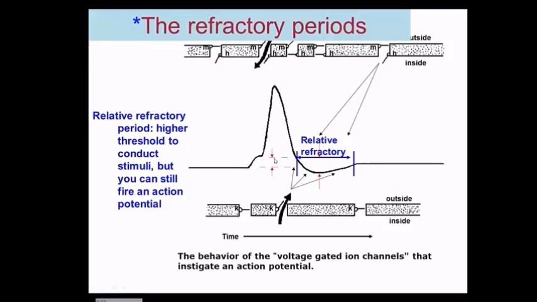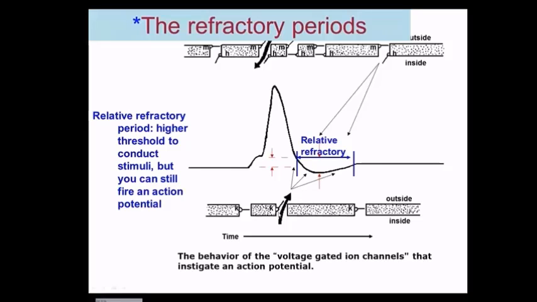And now we're something like 20 to 30 millivolts. So we have to stimulate more in order to get to threshold and fire an action potential. We can still fire an action potential during relative refractoriness, but now we have to overcome the distance, or the additional stimulus required to get to threshold.